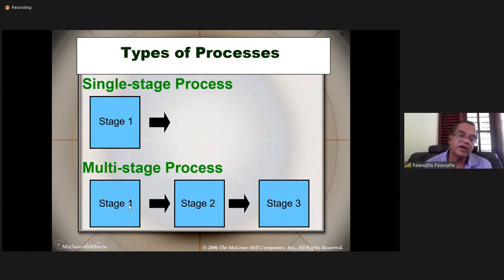And then the stage 1 person will have to hold on to it until this person takes it. So that situation is what we call blocking. So he will be holding on to it. He is blocked because he has finished work in his hand and not having a place to put it down.